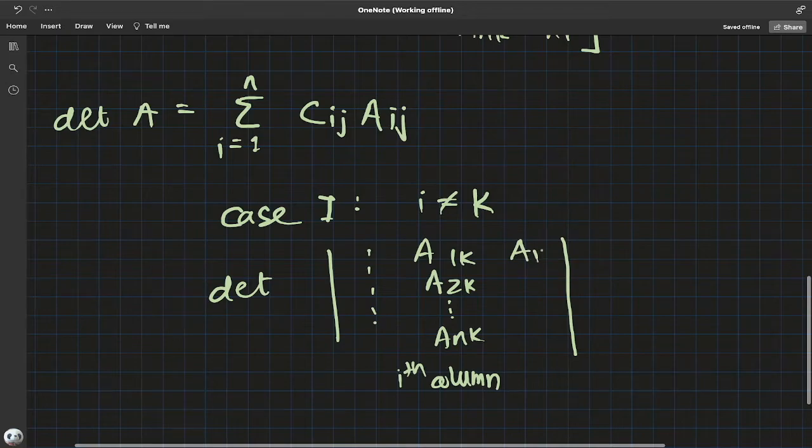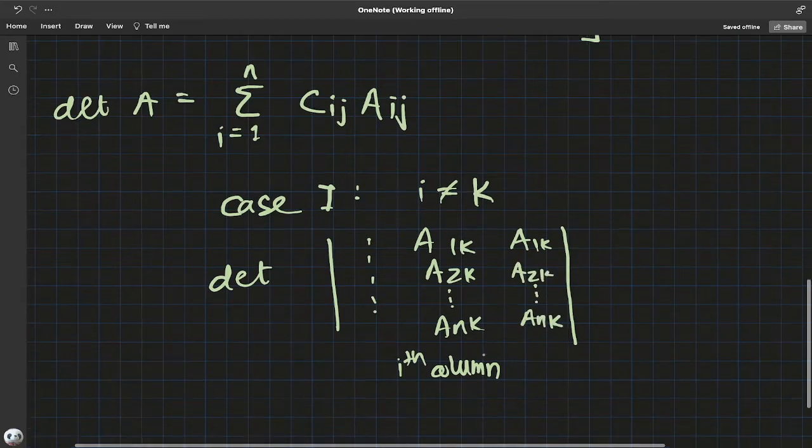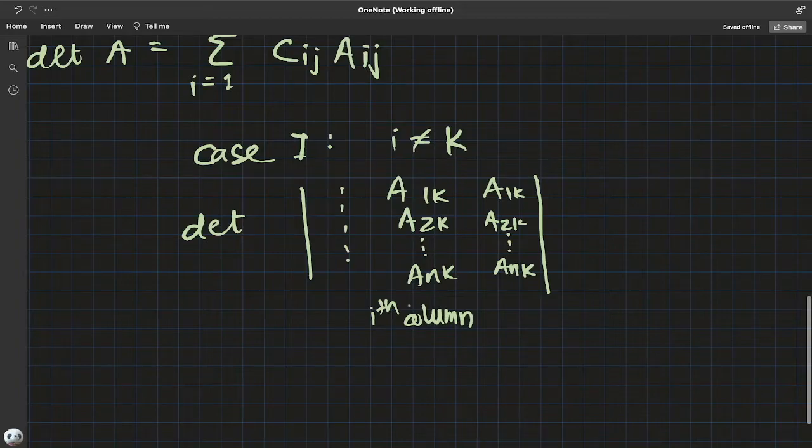But remember that the kth column is different from the ith because i is not equal to k, so that kth column is still there somewhere. It's not at the ith position; the kth column is still there at the kth position, and both these k and i positions are not the same.